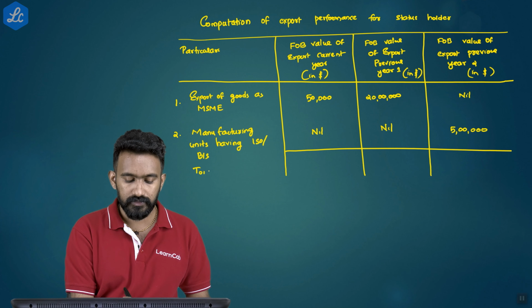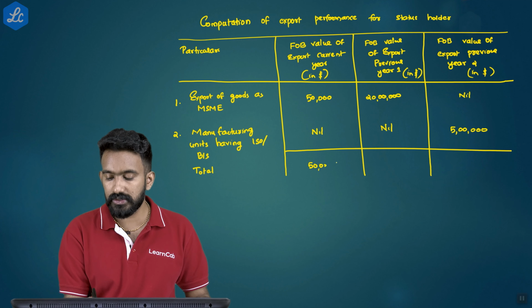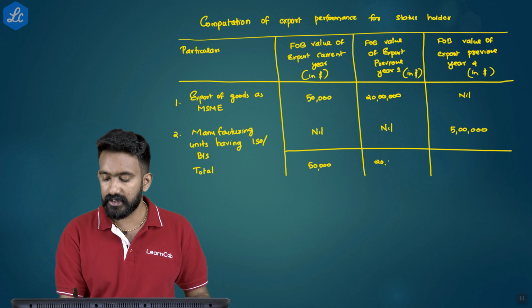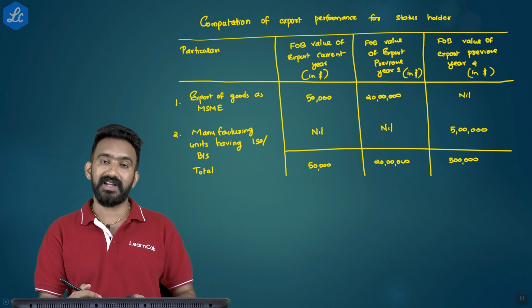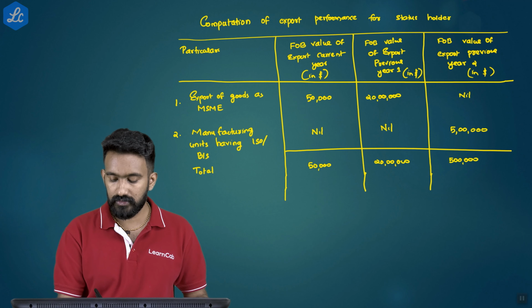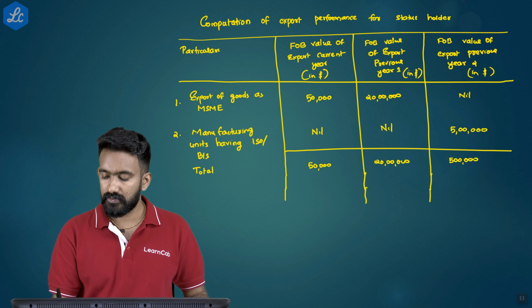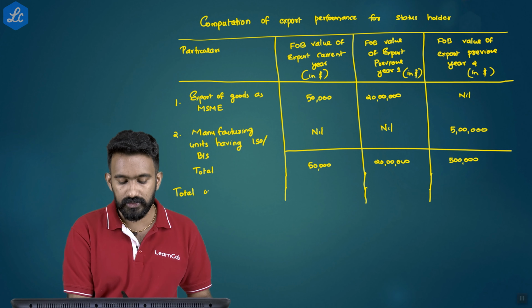Total: $50,000, 20 lakh dollars, and 5 lakh dollars. But both of these are eligible for double weightage, so the total with double weightage.